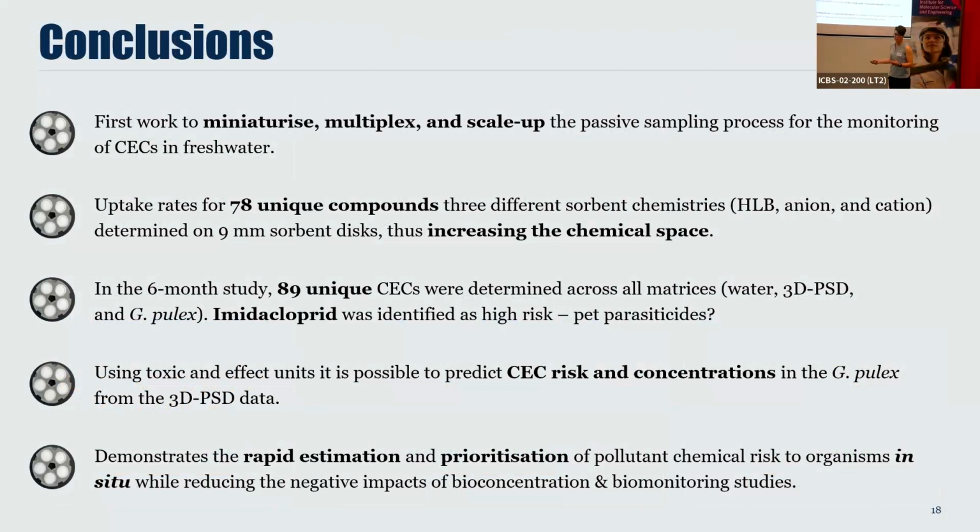And using toxic effect units, it is possible to predict the CEC concentration in the Gammarus pulex based on the 3D passive sampling data. Overall, this work demonstrates a rapid estimation and prioritization of chemical pollutants and risk to organisms in situ.